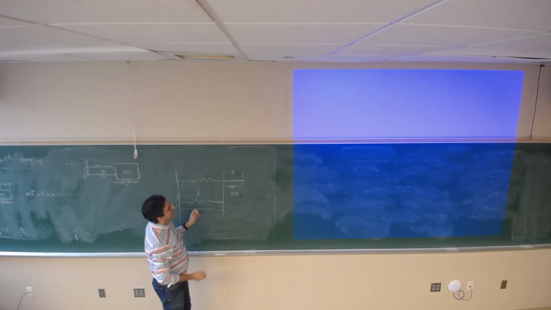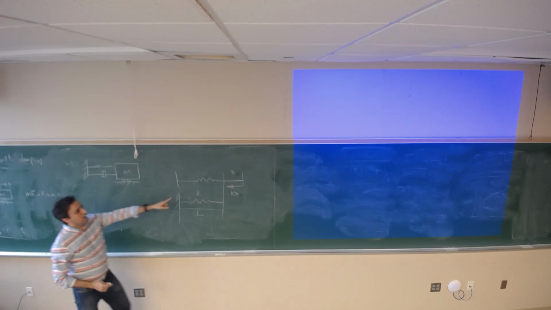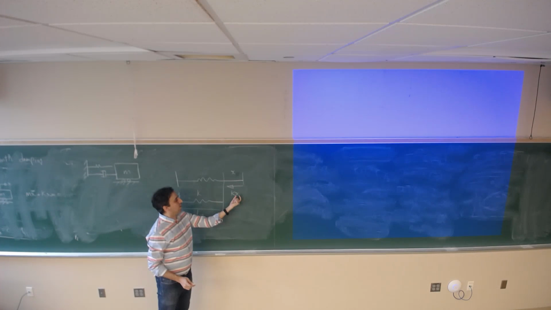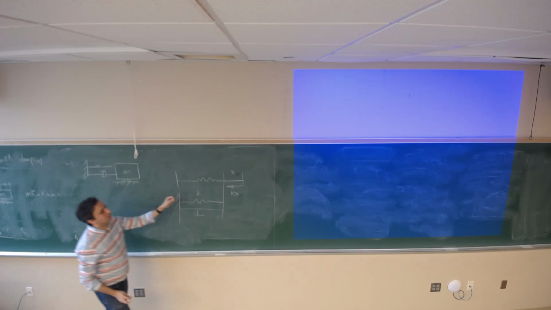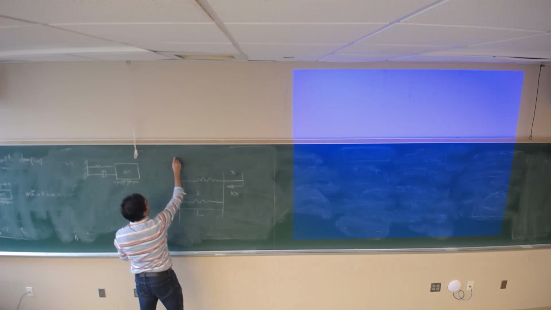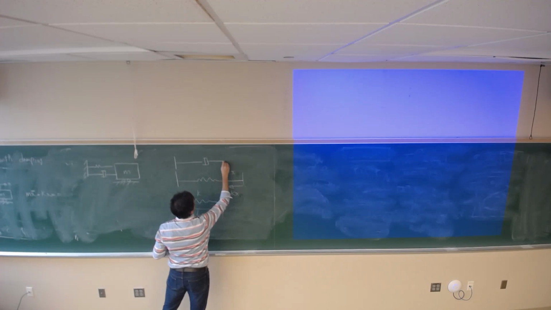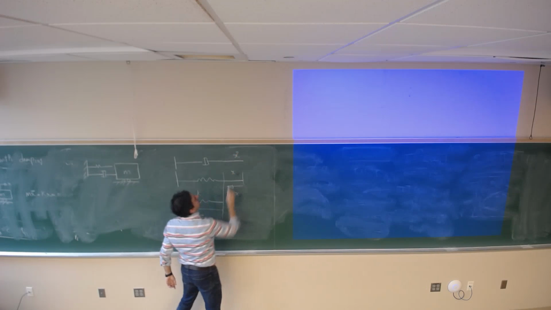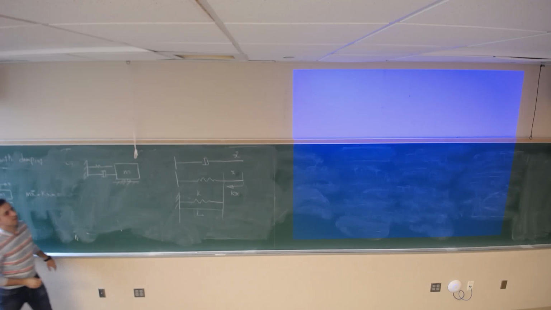In a spring, the force was a linear function of deflection. In a damper, it's going to be a function of velocity, x dot.